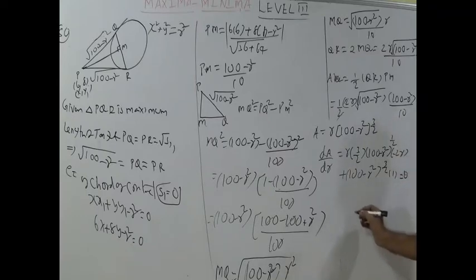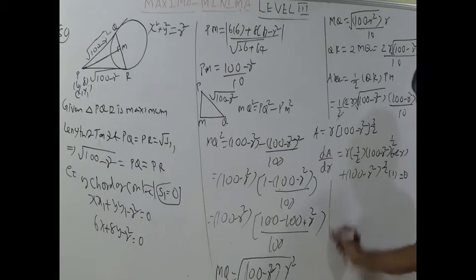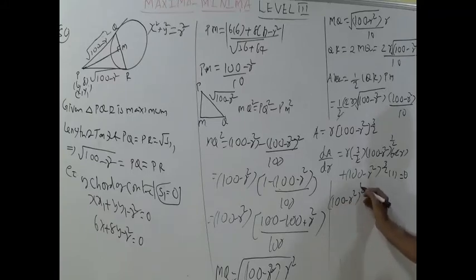We can take common: 2 and 2 get cancelled. Take 100 minus r square whole power 1 by 2 common. Here minus 3r square. With 1 by 2 taken common, 1 should be there, and you can write 100 minus r square equal to 0.